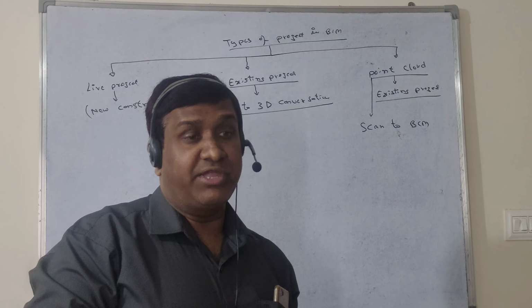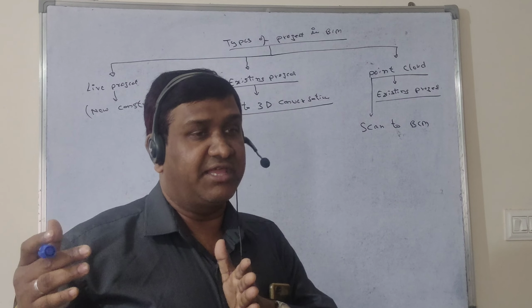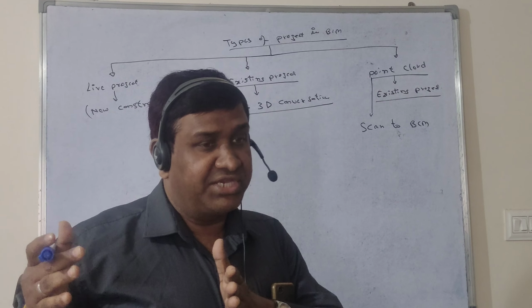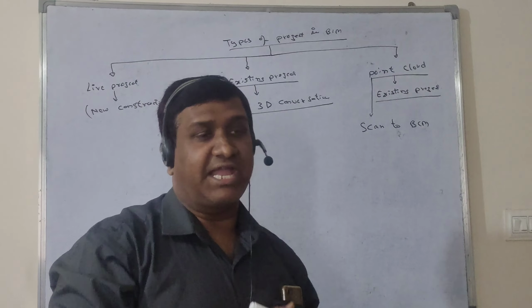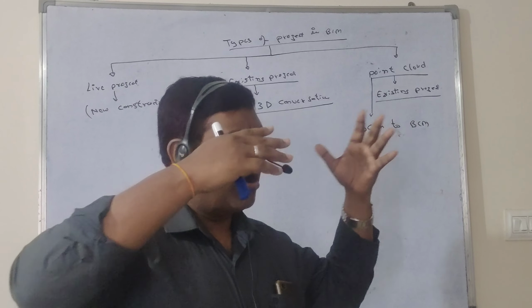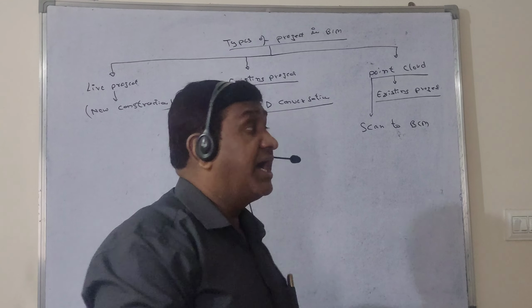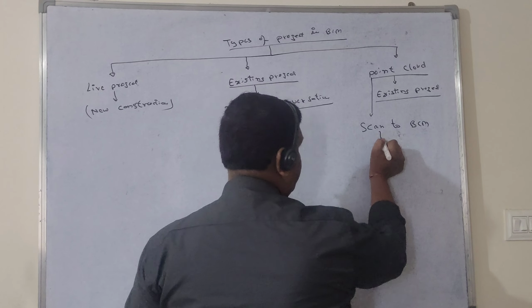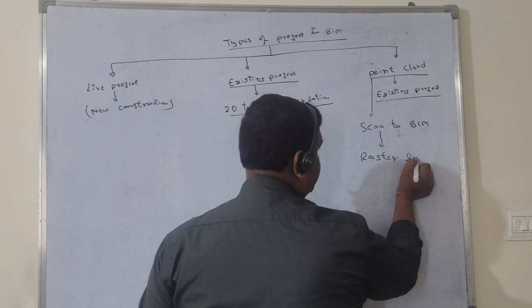So what they do is use a scanning machine, a scanner. They scan the building, and all of the building's interior, the ceiling, all the components that exist in the building, come out as a raster image. So the scan images we get are raster images.